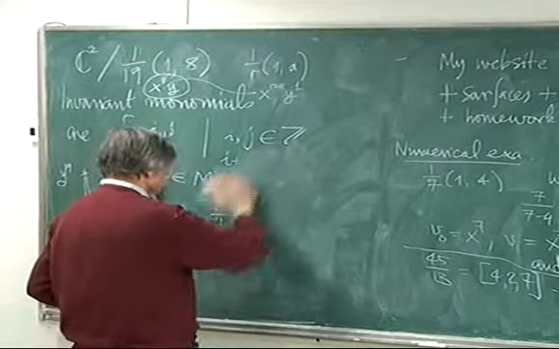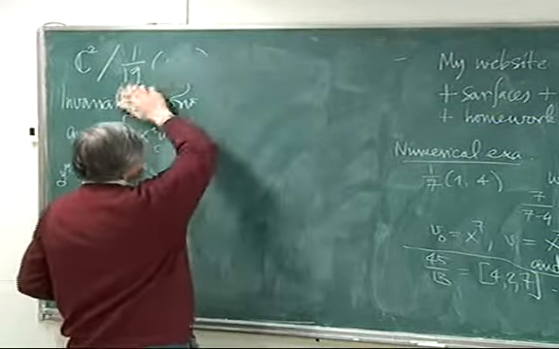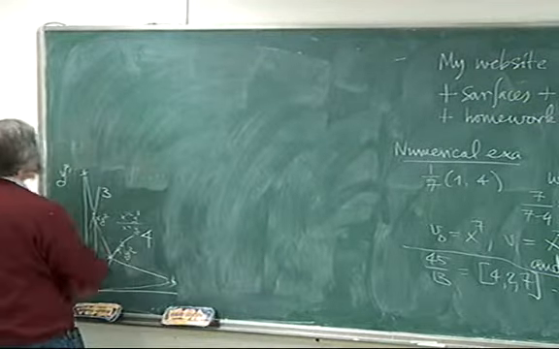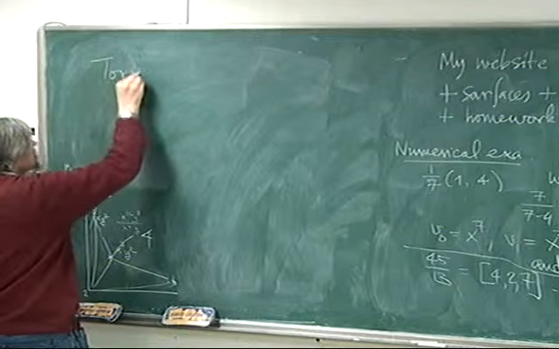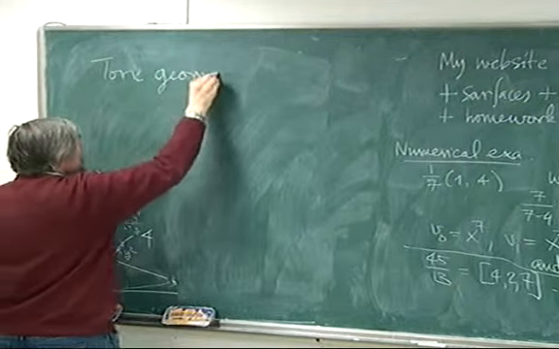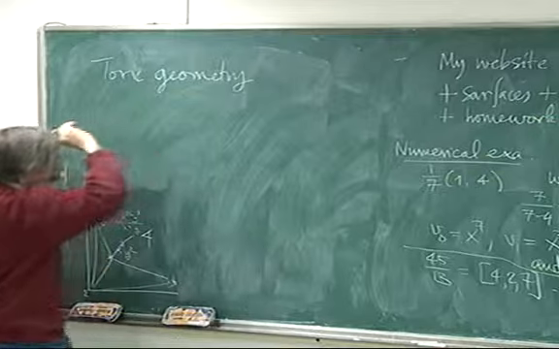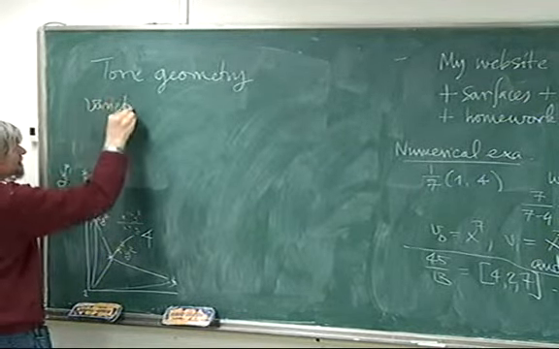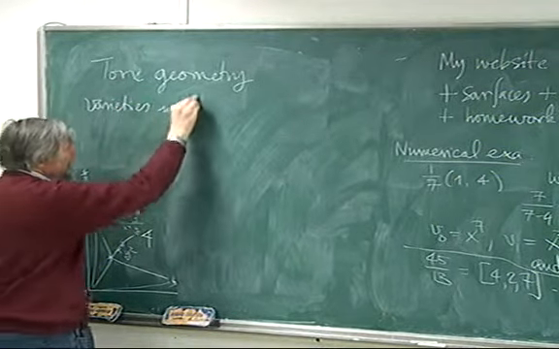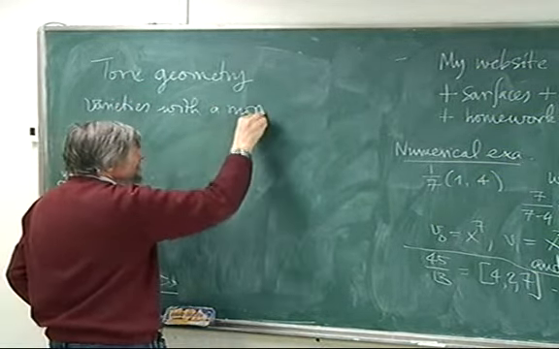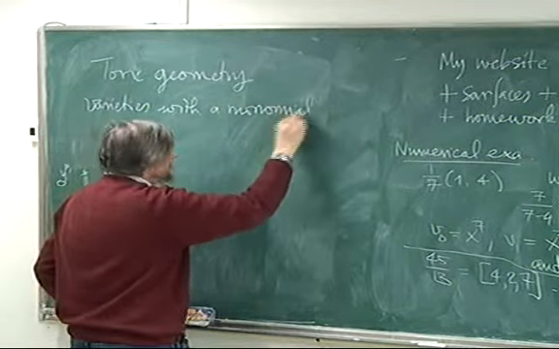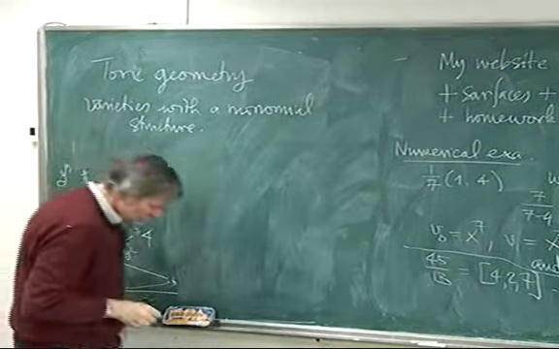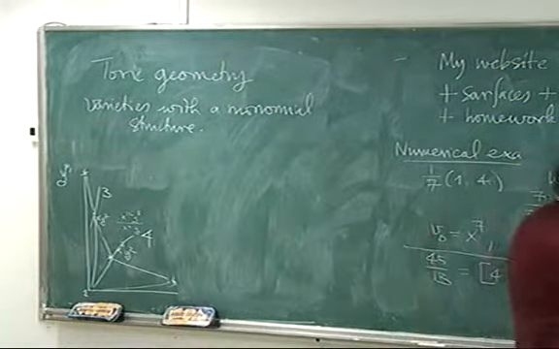I'm not going to do this very formally, but in the world there is something called Toric geometry. This is varieties with a monomial structure. You've seen this.